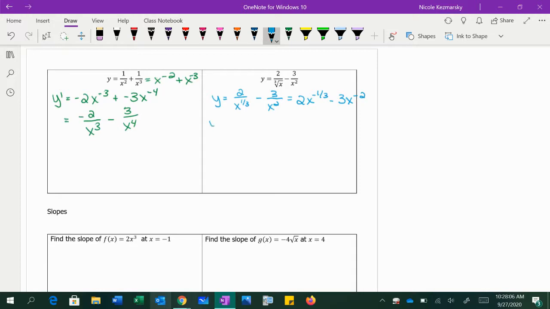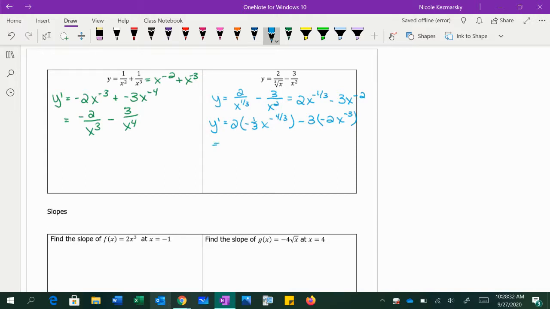And then I'm going to take the derivative. So y prime is going to be 2 times -1/3 x to the negative 4/3. Then we're going to say minus 3 times negative 2 x to the negative 3.